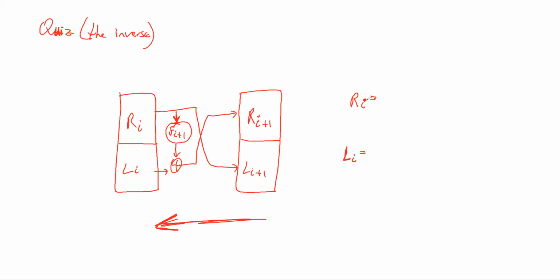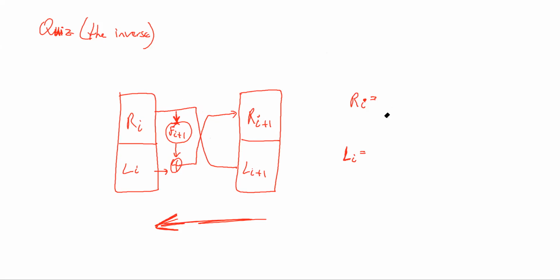Okay, so the question is Ri and Li. To get Li, it's really just sliding here, right? That's how we get it.